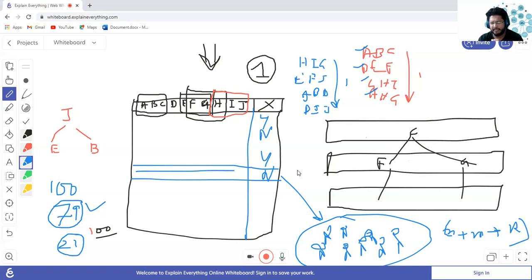As I said in the previous class also, you create a data frame. You know pandas, right?